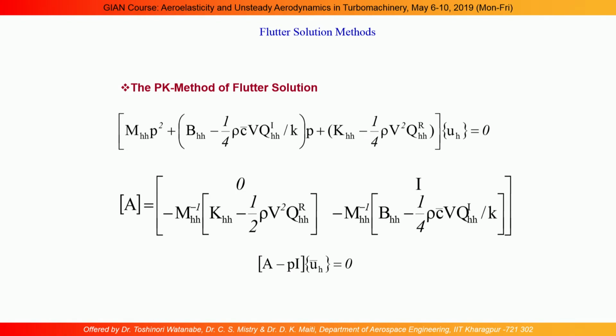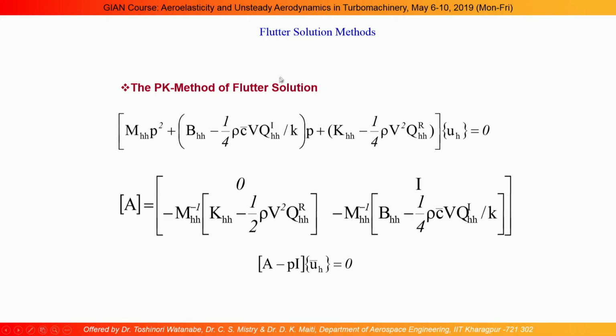I have explained the mass matrix, stiffness matrix and so on, but finally the right hand side equation will have two parts, real part and imaginary part, because double dot I can substitute as a harmonic equation and then it becomes a stiffness value.